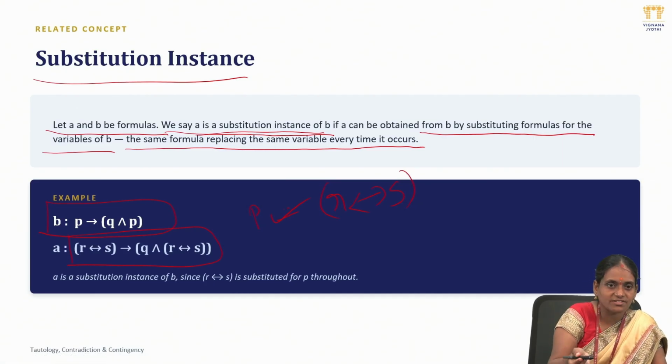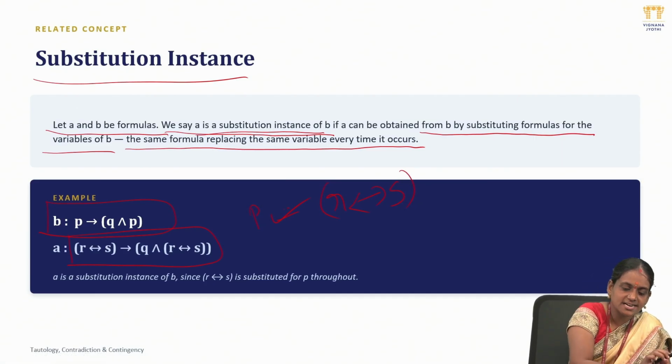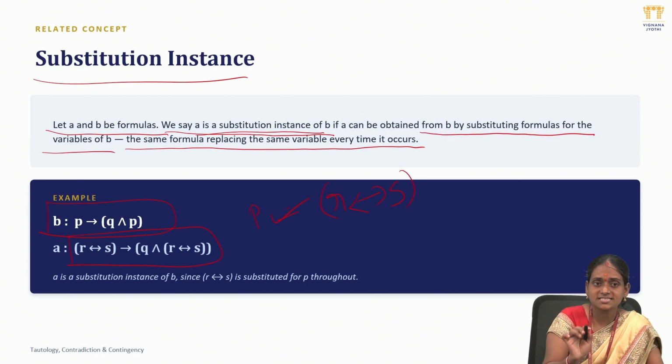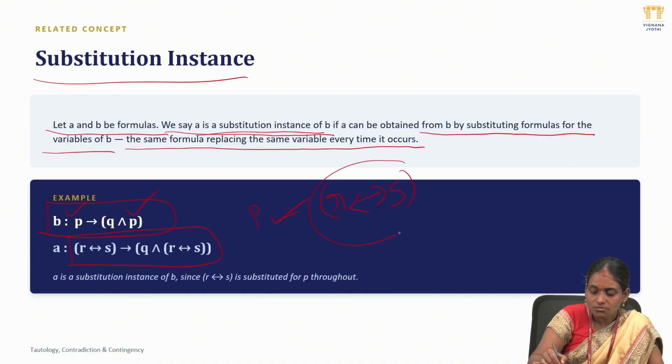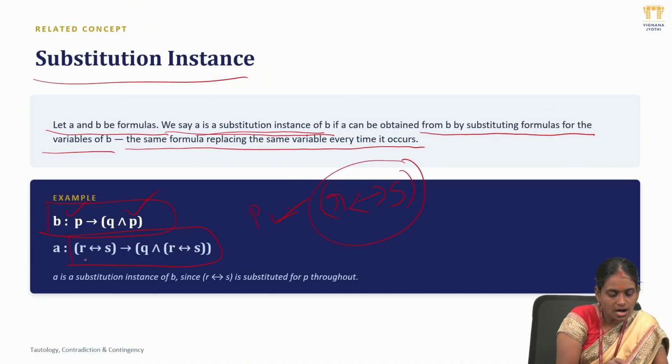Where you have P on the left hand side and the right hand side, you should not consider only one side. For both sides you need to give the replacement. Where we have P, here and here, that P should be replaced with what replacement he has given, R conditional S, R conditional S.